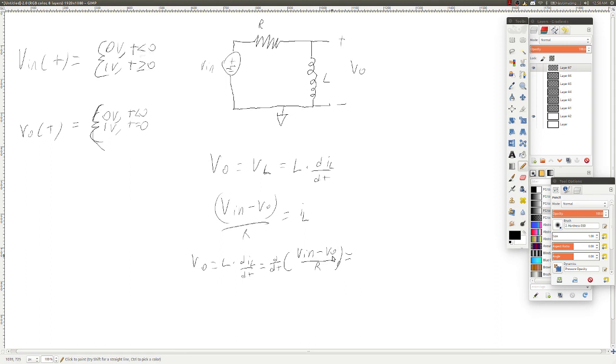So then we just have V out over R, and that's going to simplify to, oh, I forgot the L over here. I am just making a ton of mistakes. This is equal to L over R times dV out over dt. So that means that V out minus L over R.